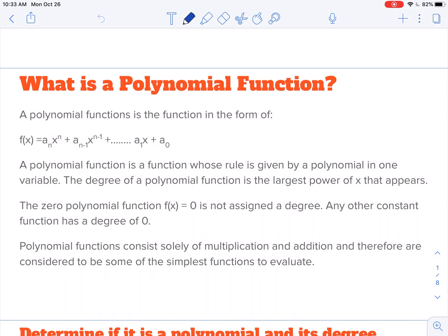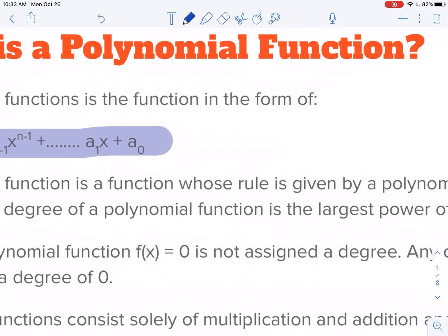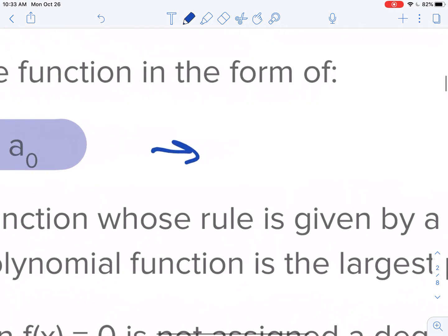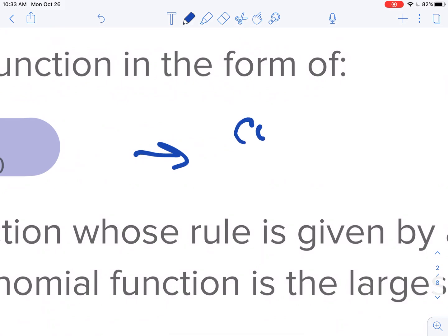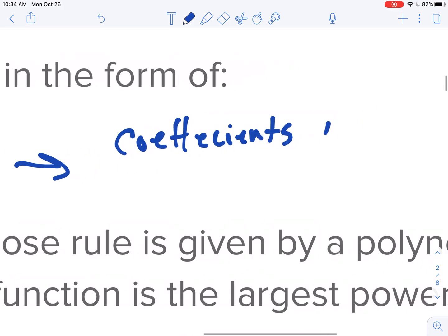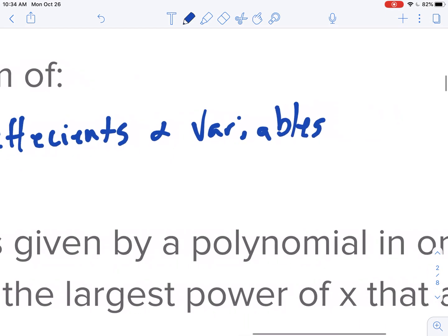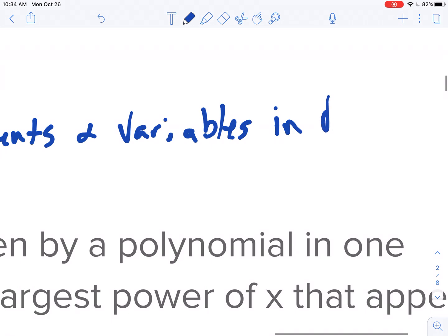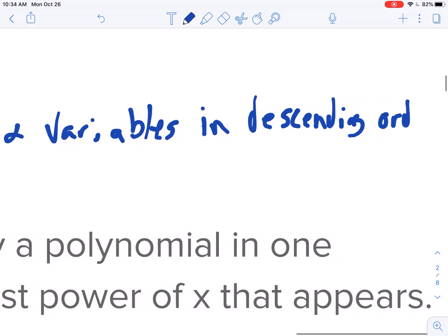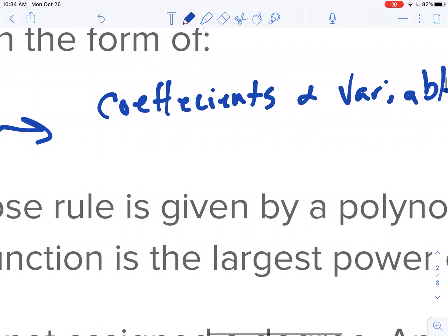Now this script up here where it says this is how it's defined, this is a very mathy way of saying it. Basically this is just saying that you have to have your coefficients and variables in descending order of power, or degree is probably a more accurate term here.